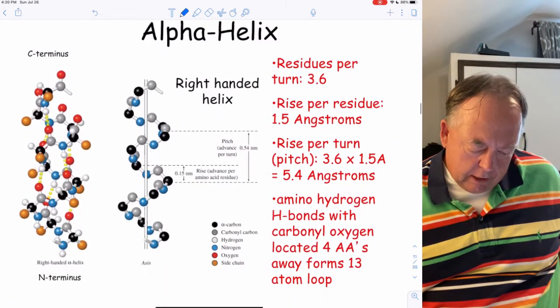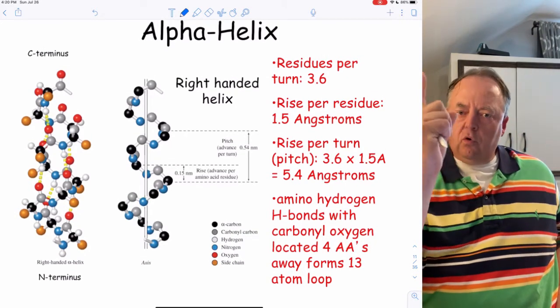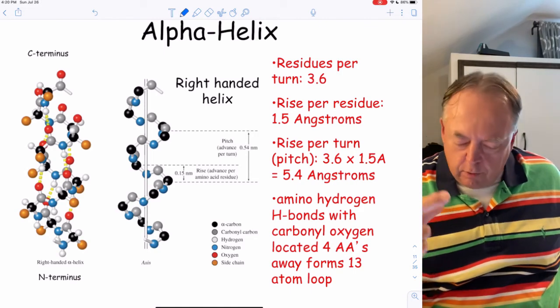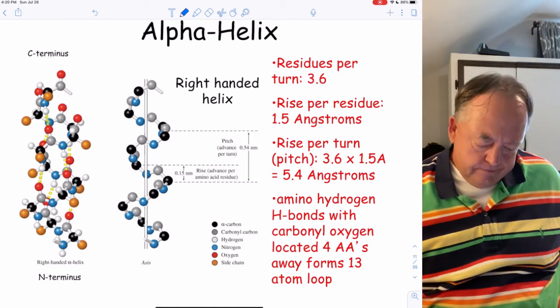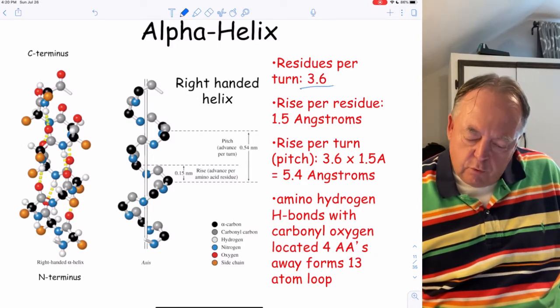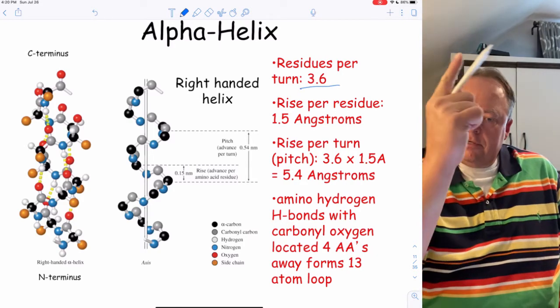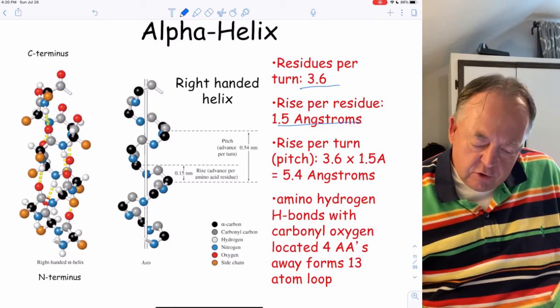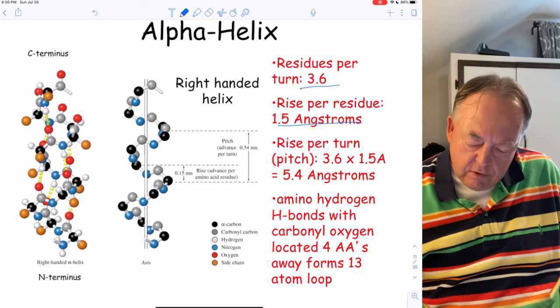This is basically what an alpha helix looks like. It's basically like a coil; that part of the protein is in a coil. There are about 3.6 amino acid residues for every turn, and it rises about 1.5 angstrom per residue.